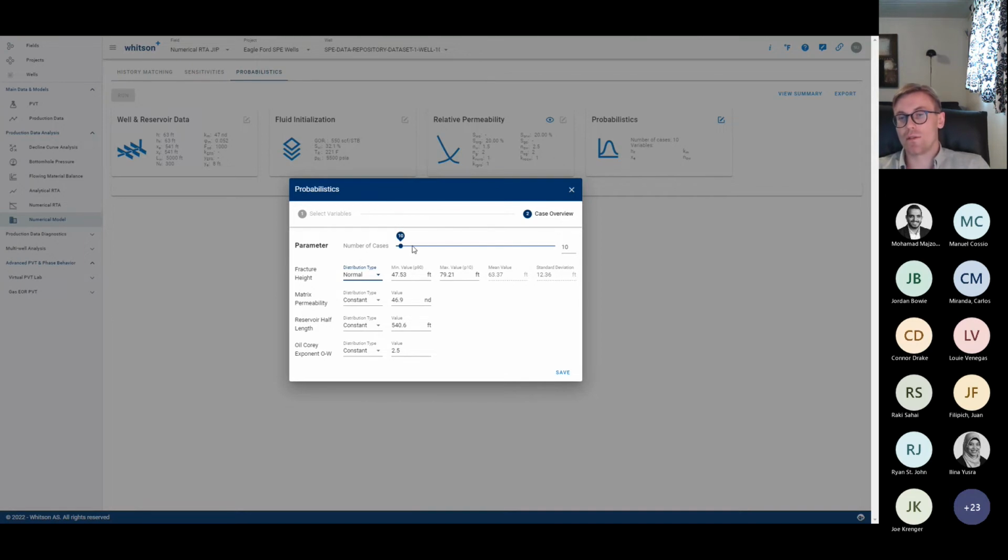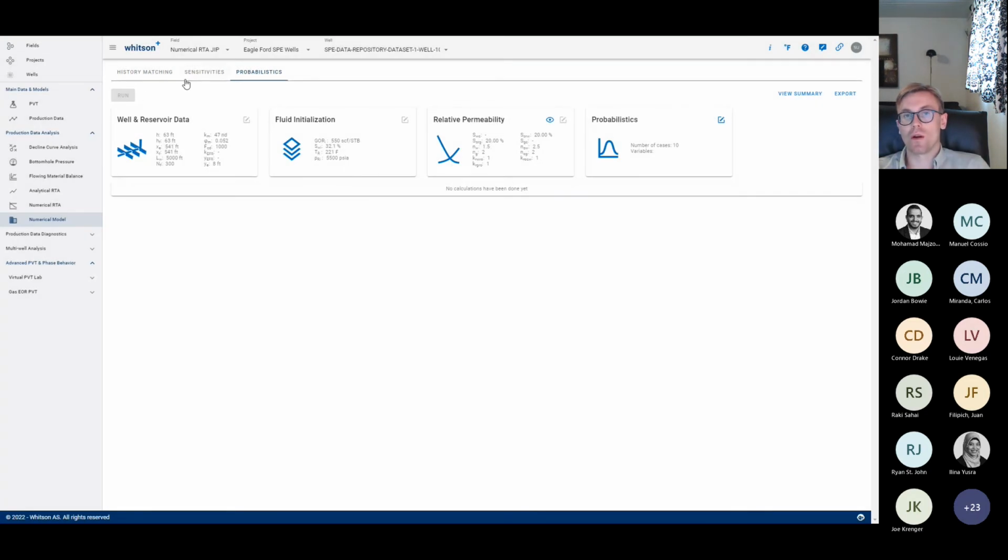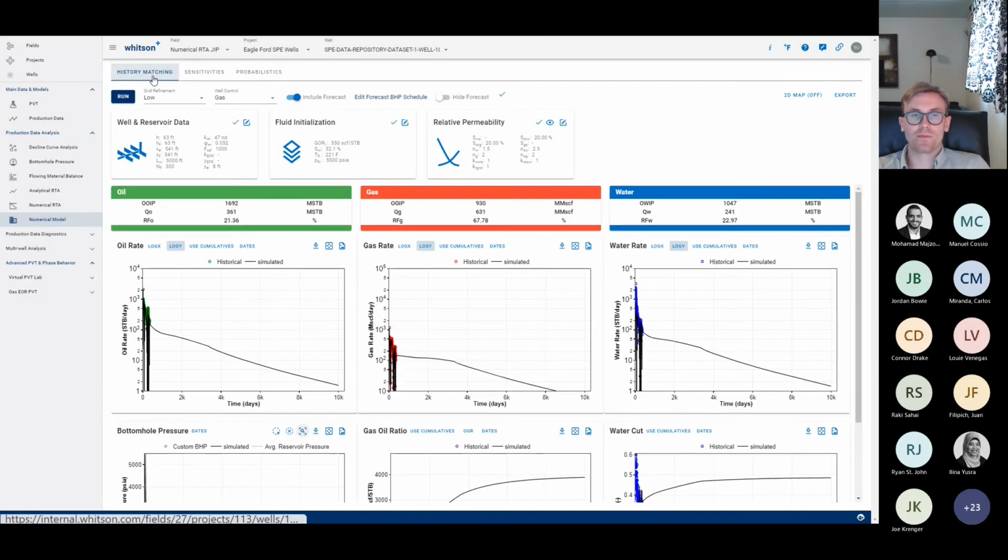And here you can pick the number of Monte Carlo cases that you'd like to run, at the top. The same goes for these other parameters. You can pick them to be constant or uniform or triangular, etc. And then the software will just run all the cases in a bulk fashion.